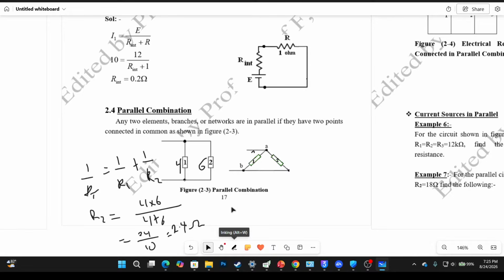So take notice of something very important over here. You see, the total resistance for resistors in parallel is always less than the smallest individual resistor.